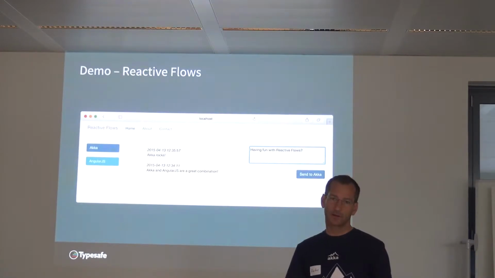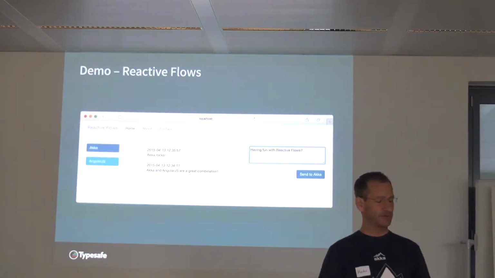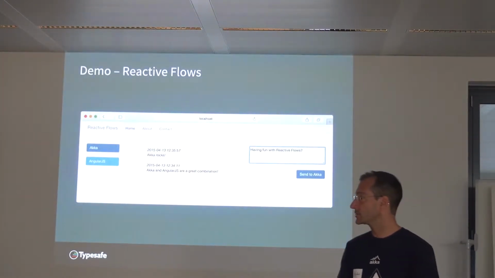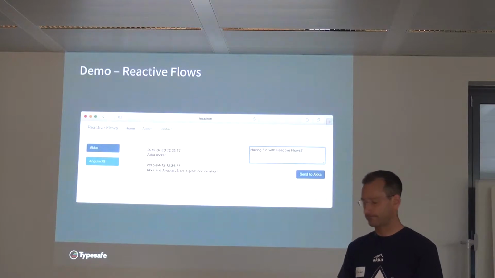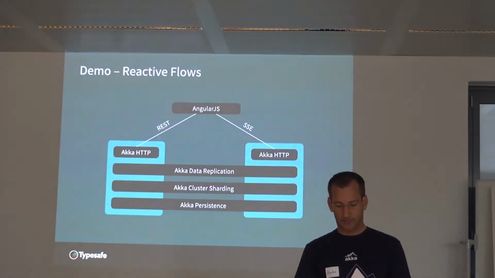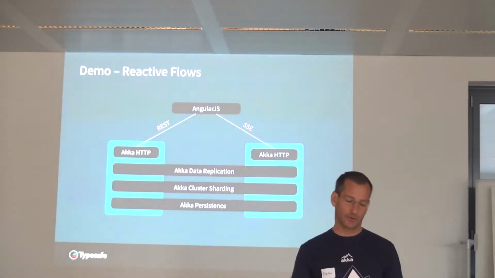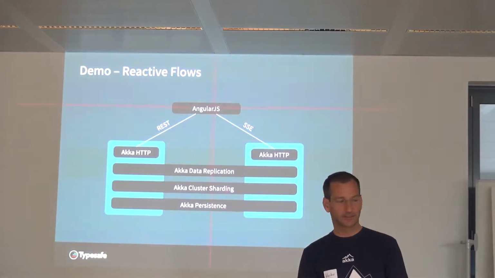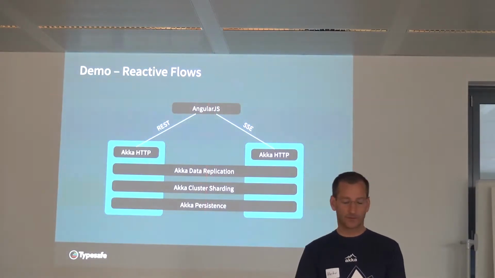So in the following hour, or maybe 45 minutes, I will first build that system as a single node, single server, so to say, application. And then we're going to make it more reactive, resilient, scalable. So the main components or technologies used here are AngularJS for the front end, of course.